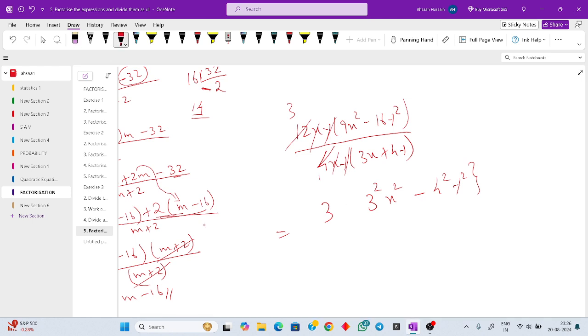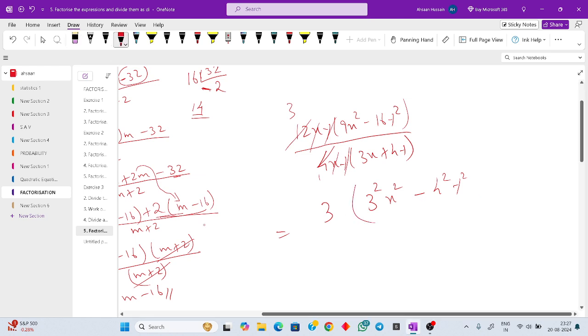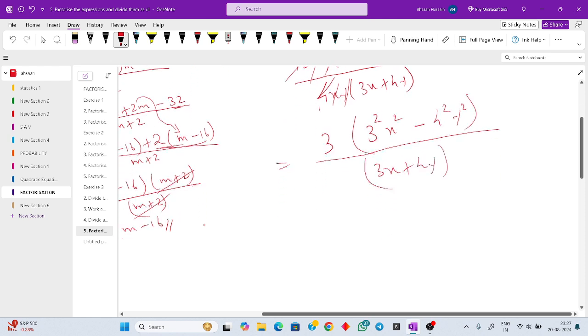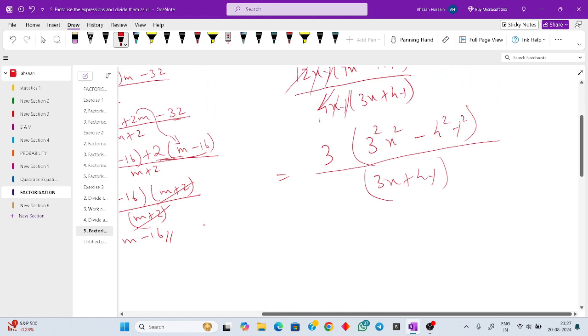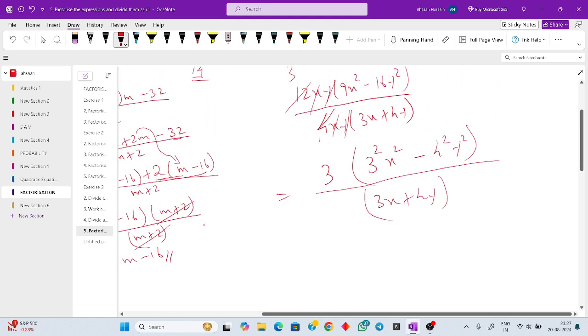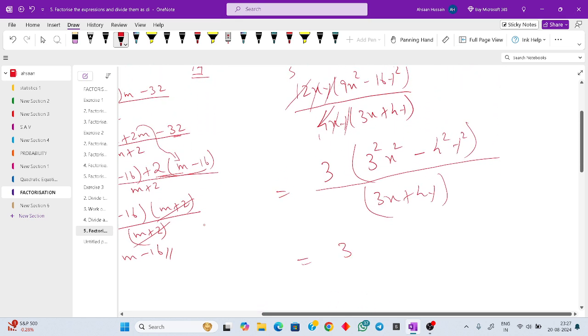So now 3x whole square minus 4y whole square by 3x plus 4y.